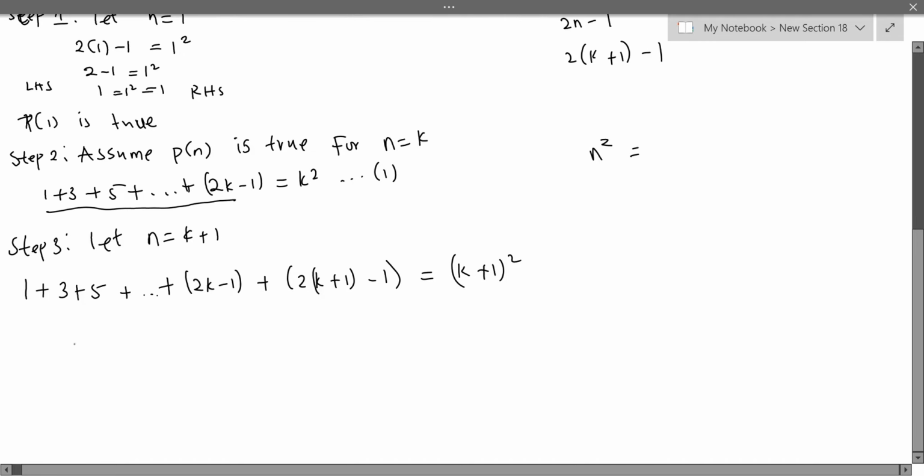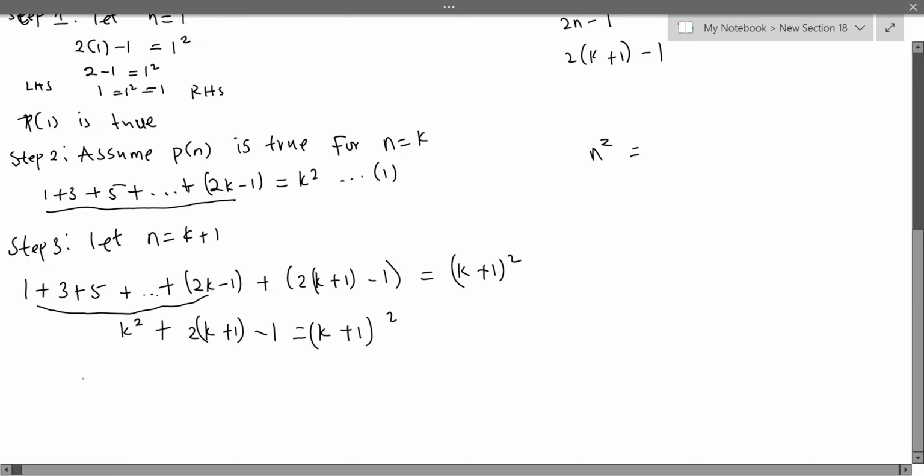Moving on, the first part is the sum of the kth term, and that is what you have above. It is equal to k squared. So you write k squared here, plus 2 into k plus 1, then minus 1, equals k plus 1 squared. We want to prove that the left hand side is equal to the right hand side.